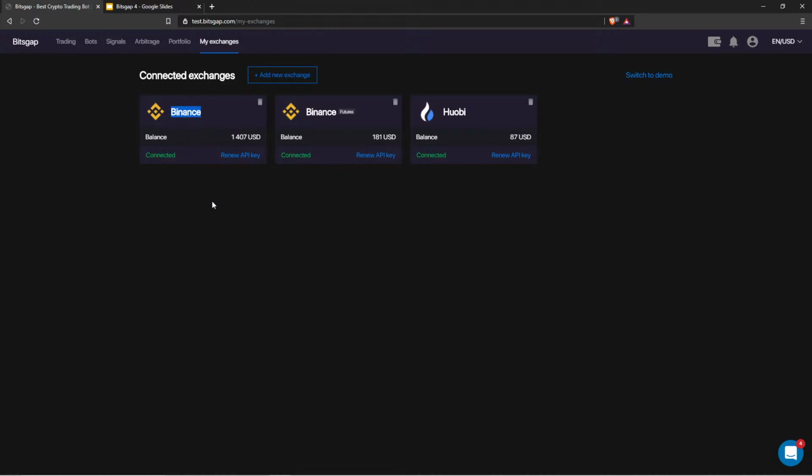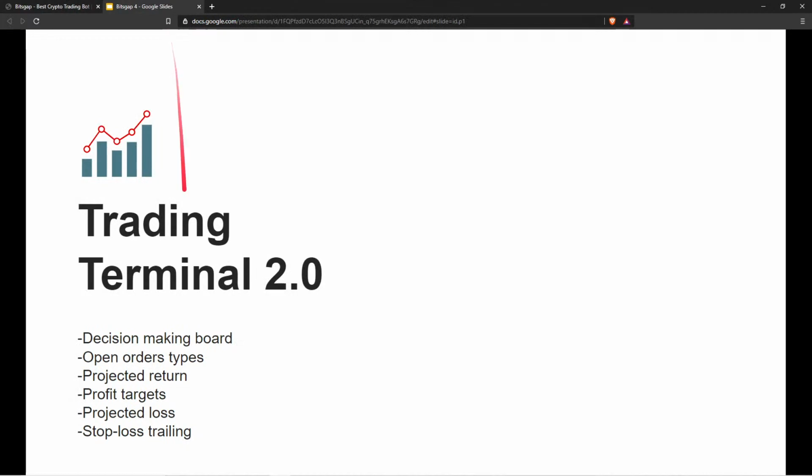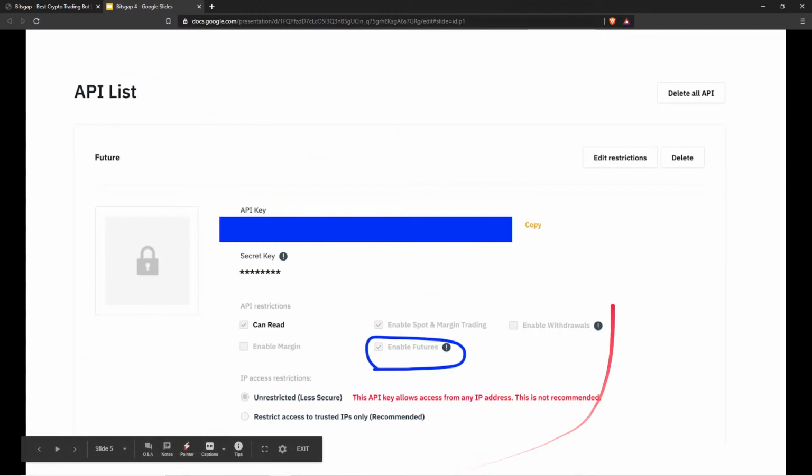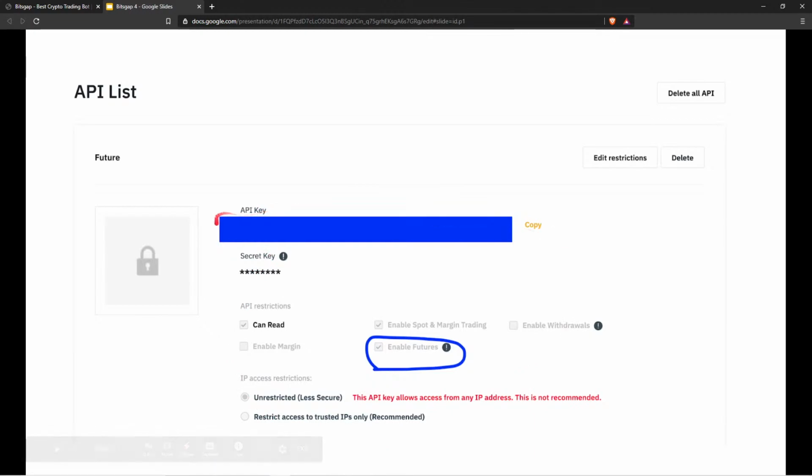All you have to do is the same as with the spot API. You go to the Binance exchange, go to the API management, and add a new API key. Right after you add this new API key, you get the API key itself and the secret key. You have to click on edit restrictions and enable futures trading, because otherwise you won't be able to trade futures.